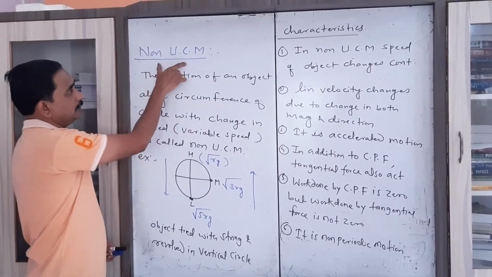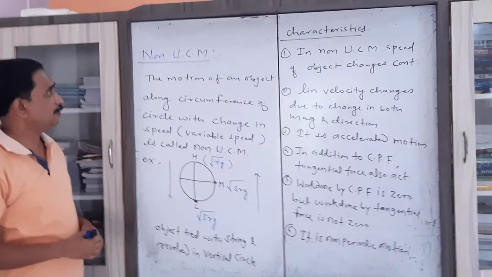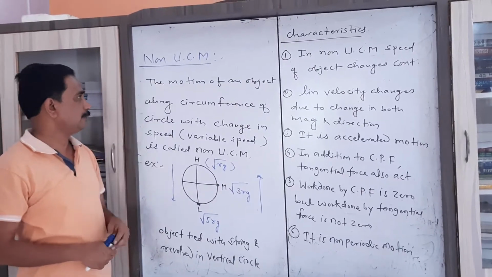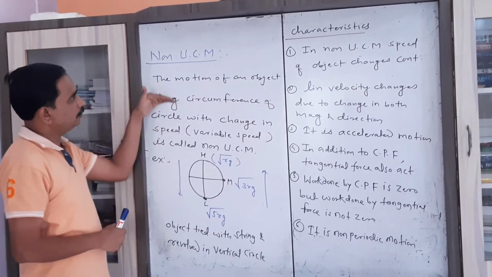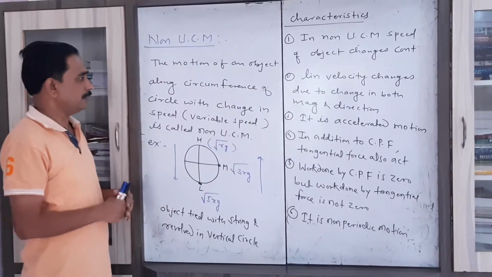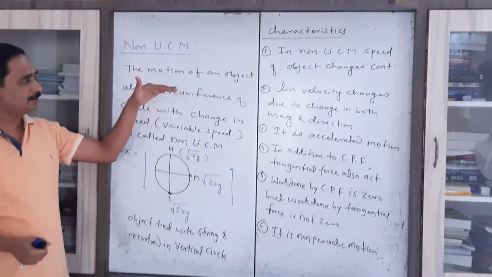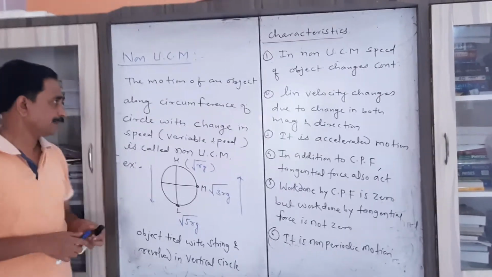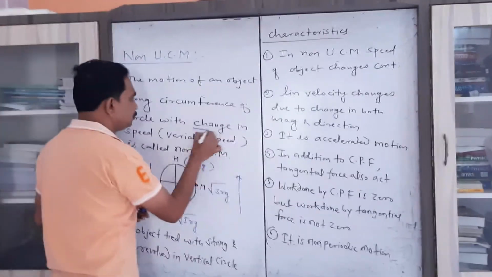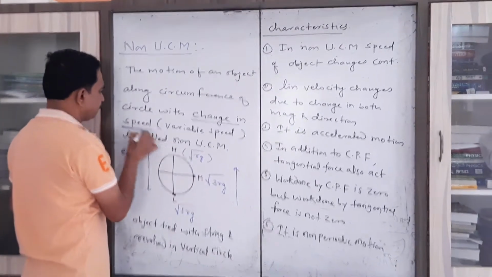Now consider the second type of circular motion, non-uniform circular motion. We can consider the same thing, that is the motion of an object along the circumference of a circle with change in speed.